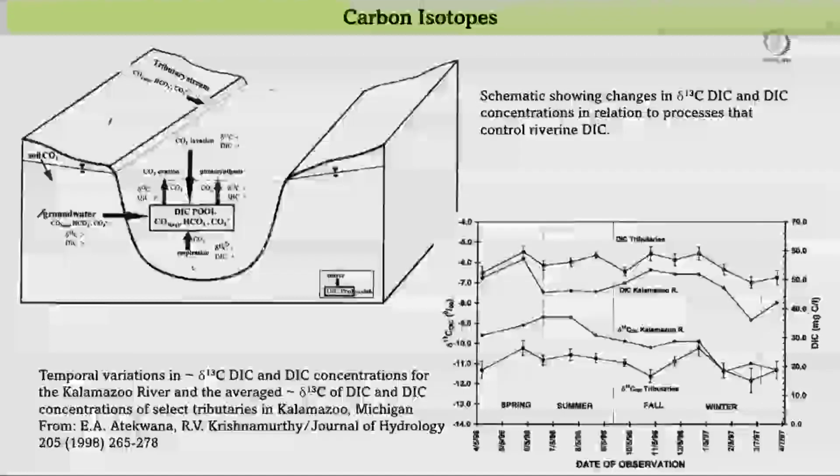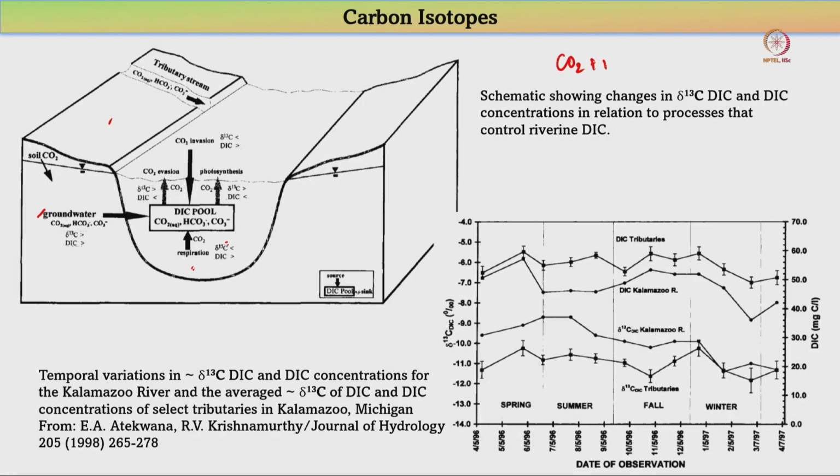So, CO2 plus H2O will form HCO3, it is going to form bicarbonate. So, this is the reason why during respiration we see that the DIC value is increasing and the delta 13C value is decreasing.